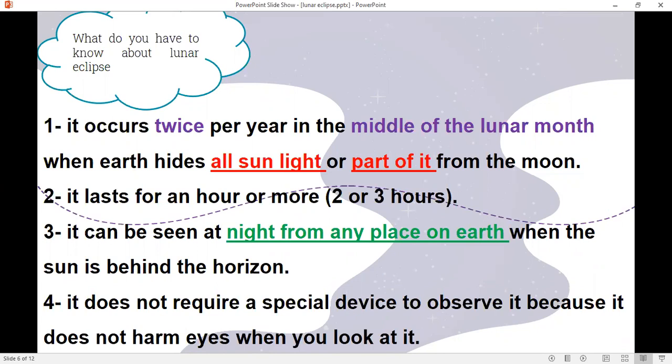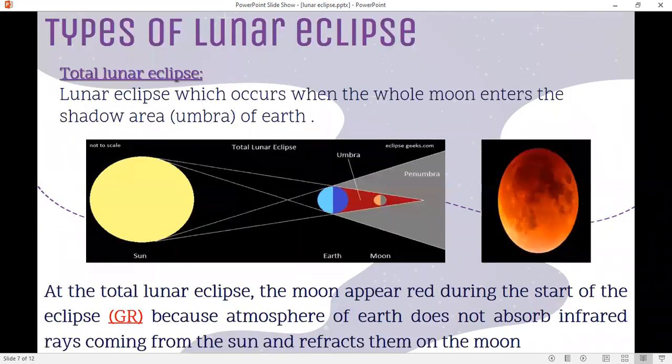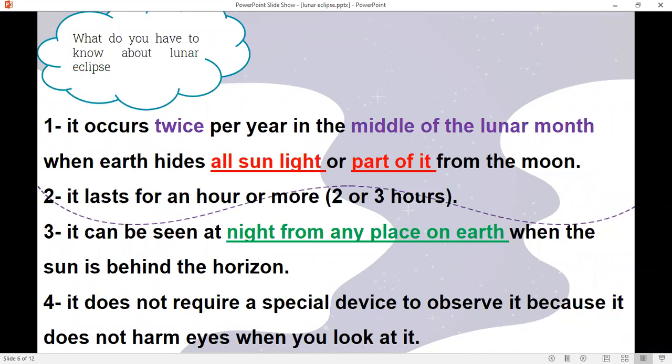So it can be seen at night from any place on Earth when the sun is behind its horizon. Also, it doesn't need any precautions to observe it.